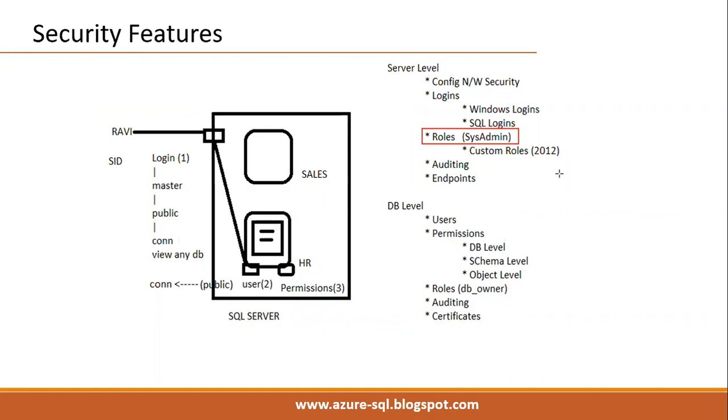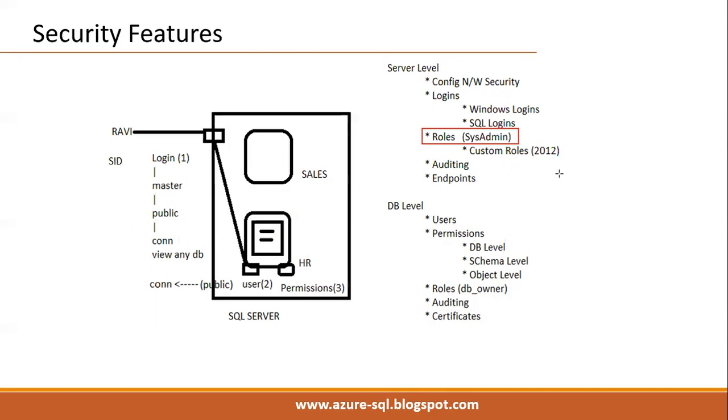For example, in the sales team, 100 employees are there. My client is asking to grant permissions to 100 employees on these tables. Instead of granting to 100 employees separately, what can we do?